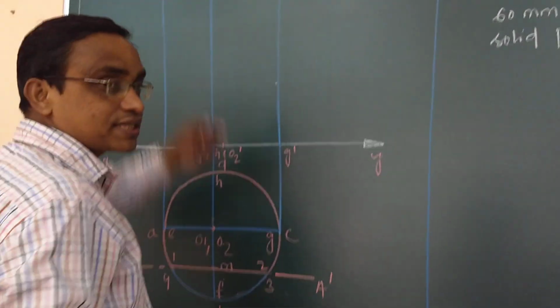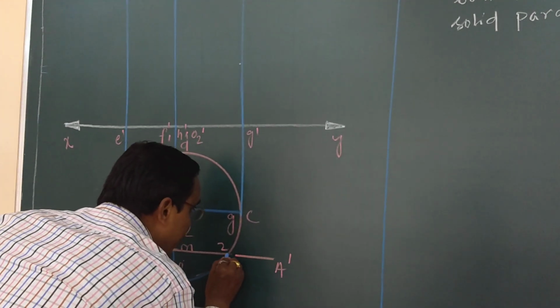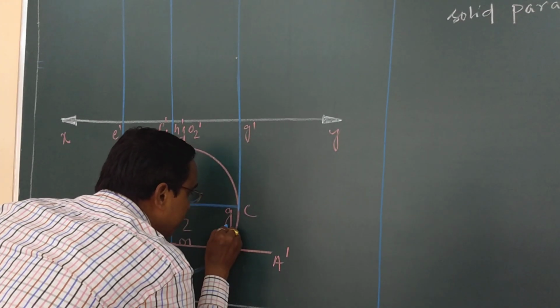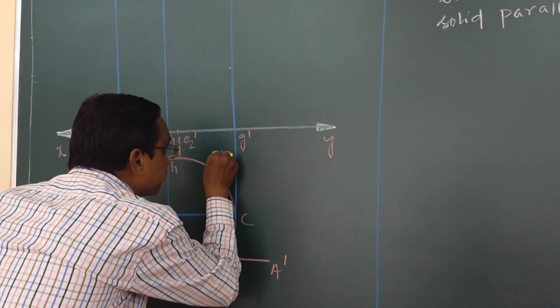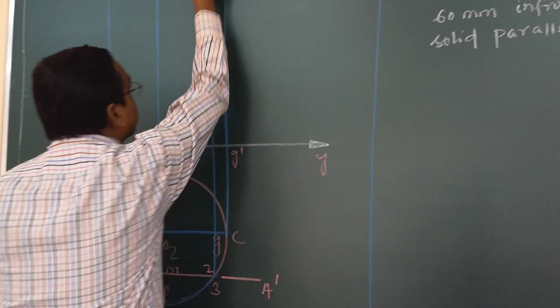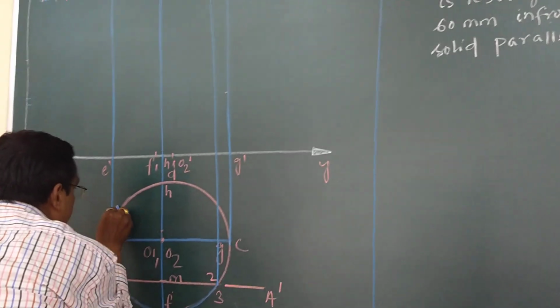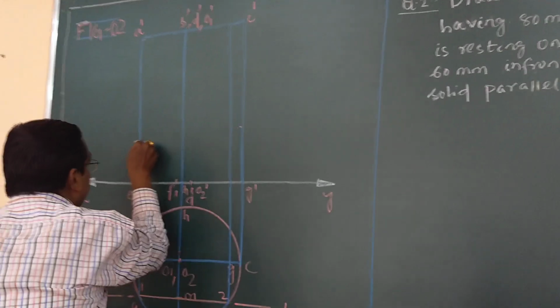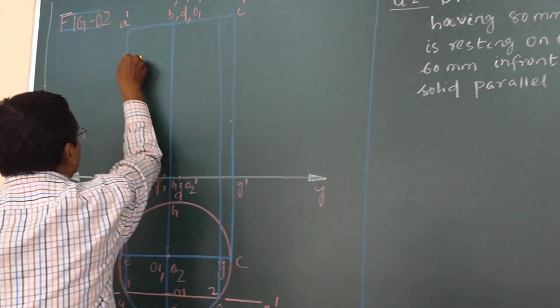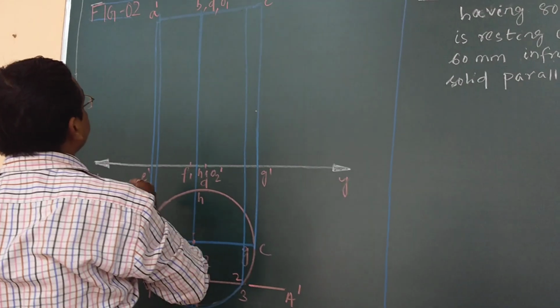Then I will draw the sectional front view. How will I draw? Just draw the projection from point 2 upward. From point 1 upward.